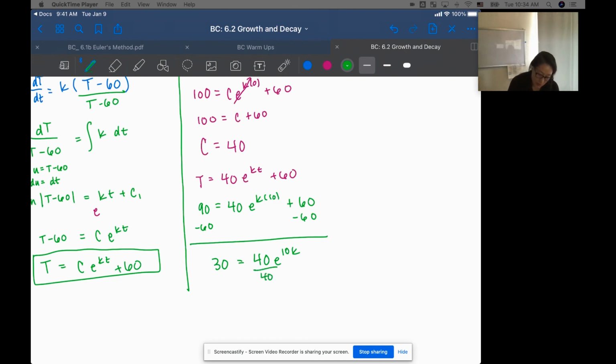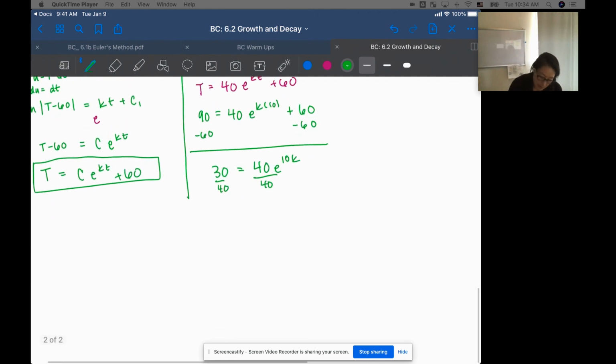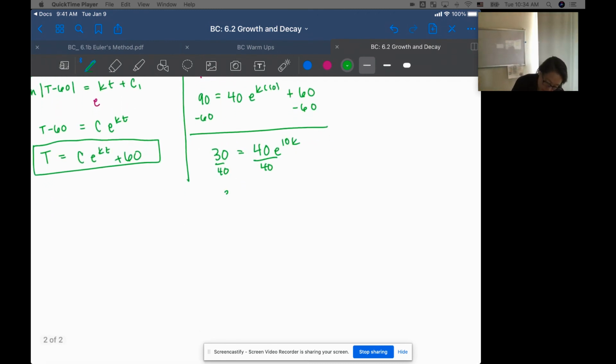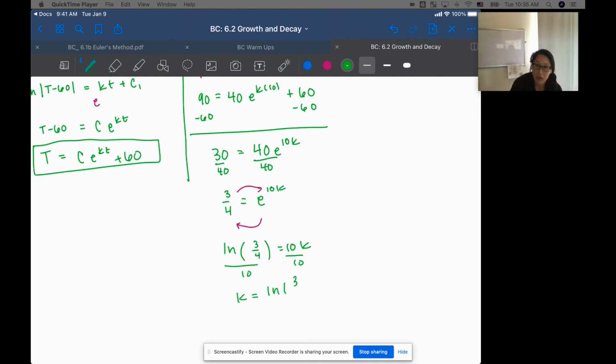Divide by 40 to get the exponential by itself. So I have 3/4 is equal to e to the 10K. I am going to take the ln of both sides. Man, what would I do without ln? ln of 3/4 is equal to 10K. Divide by 10. So I get the ln of 3/4 over 10 is equal to K.